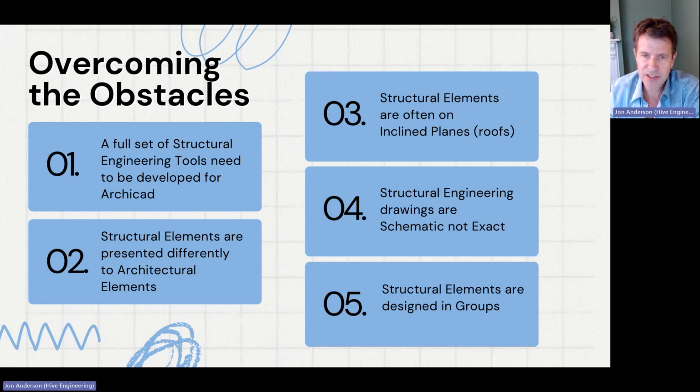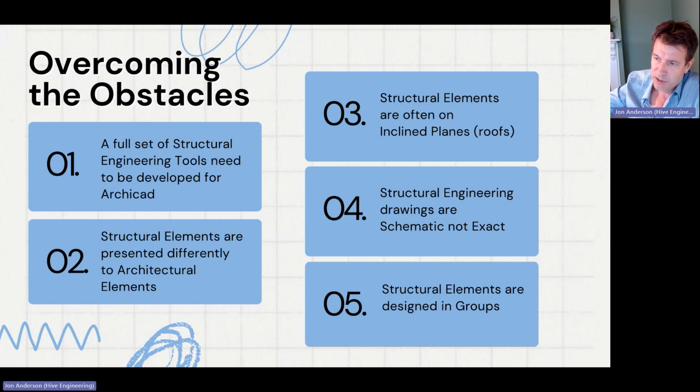The other big challenge is that structural engineering elements are presented differently to architectural elements. I'll go through these in Archicad in a moment and explain in more detail. The other thing that's significant is structural elements are often on inclined planes, like roofs, rather than on flat surfaces, like a flat storey.